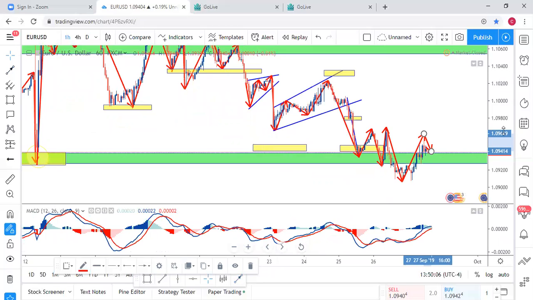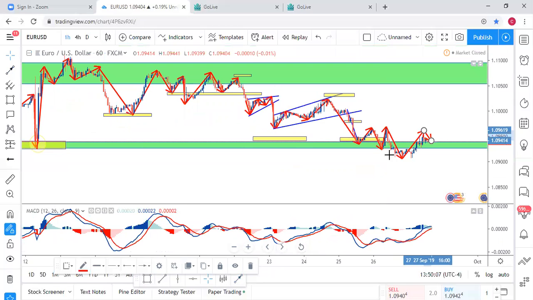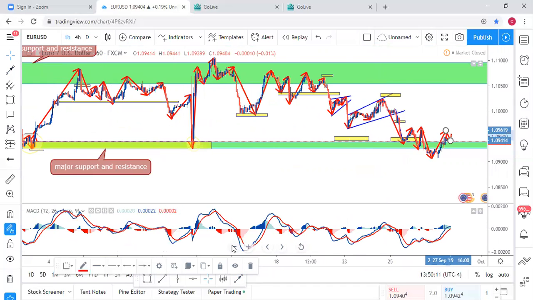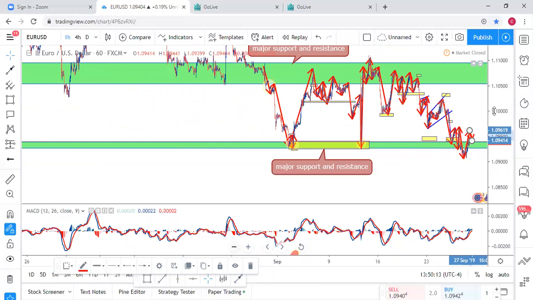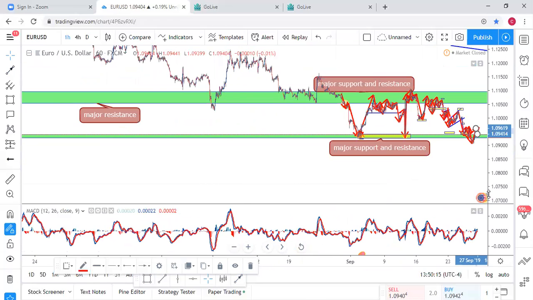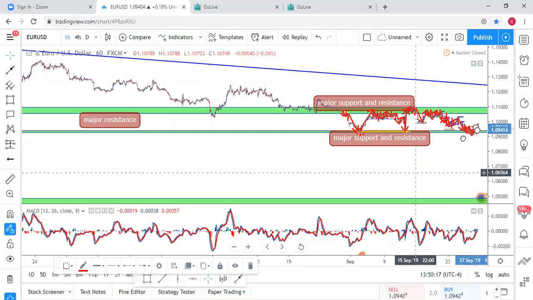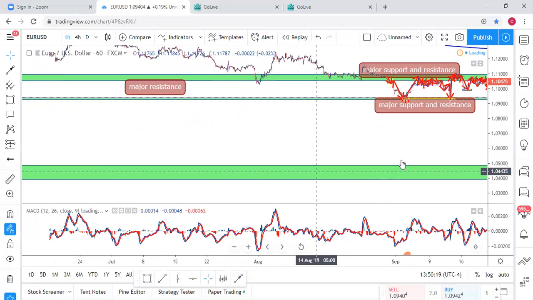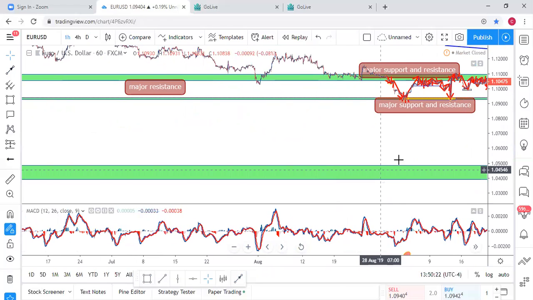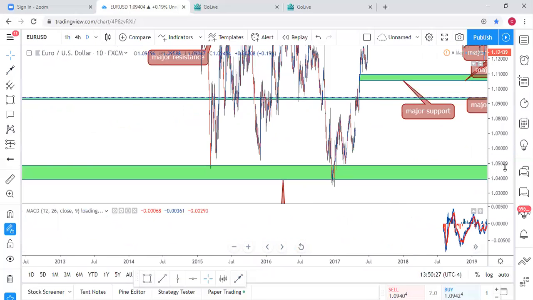So my recommendation. Because the market would have broken below this major support area, we have more support and resistance on the lower part of this overall trend. If you all remember from earlier, right?